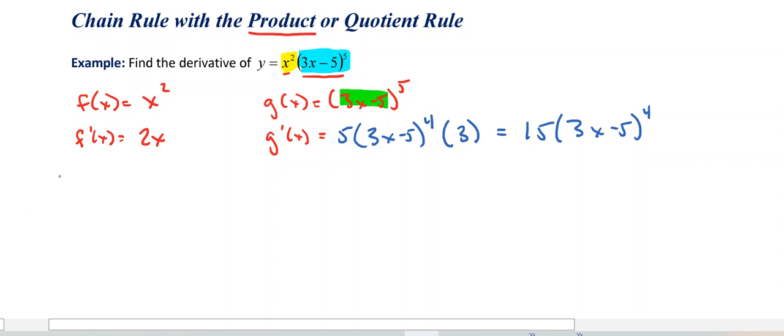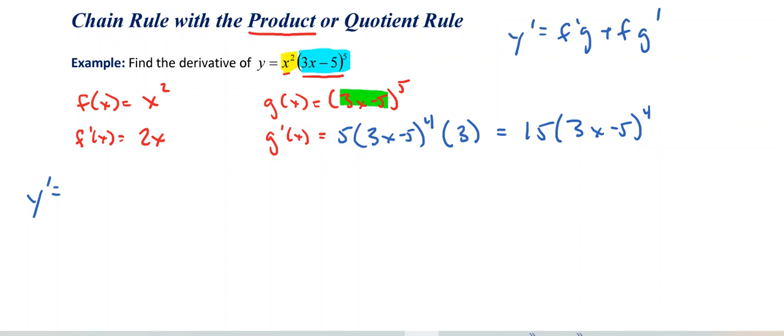Now we put all of this together inside the product rule. So y prime, remember that y prime is f prime g plus f g prime. That is the product rule.